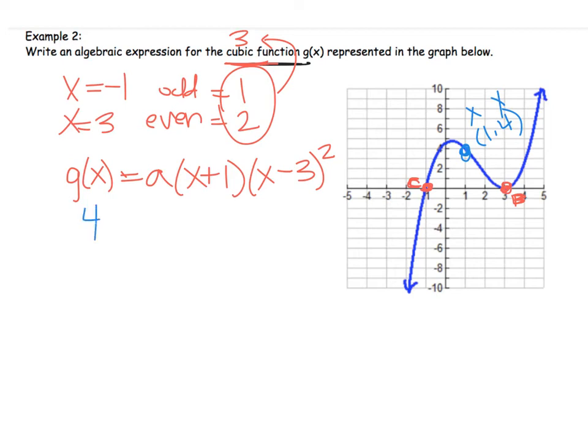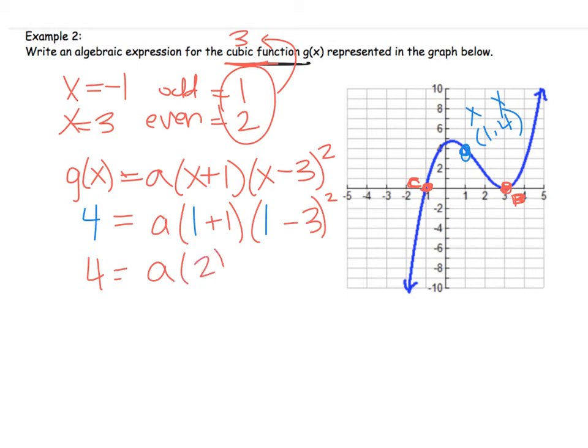So 4 equals my a value, and 1 for x. So I have an a value that I don't know. I have 1 plus 1 and 1 minus 3 squared. And now I'm just going to solve. 4 equals a times 2 times my negative 2 squared.